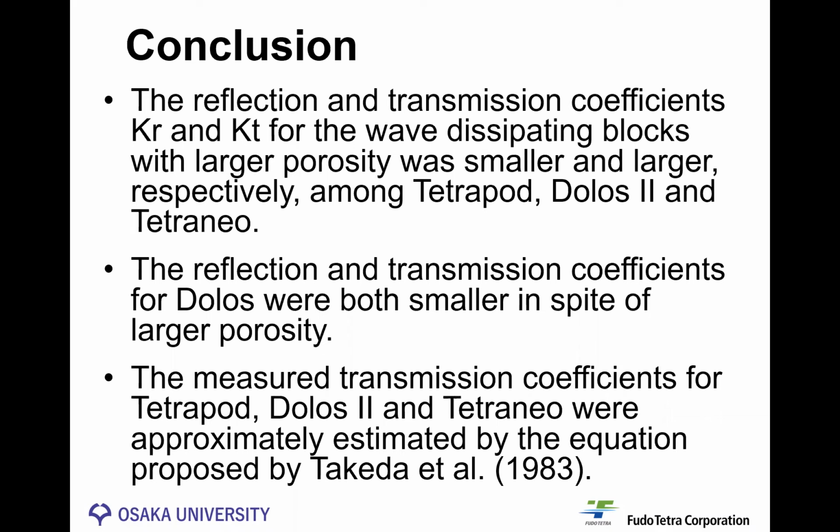The reflection and transmission coefficients for Dolos were both smaller in spite of larger porosity. The measured transmission coefficients for Tetrapod, Dolos 2, and Tetraneo were approximately estimated by the equation proposed by Dr. Takeda et al.